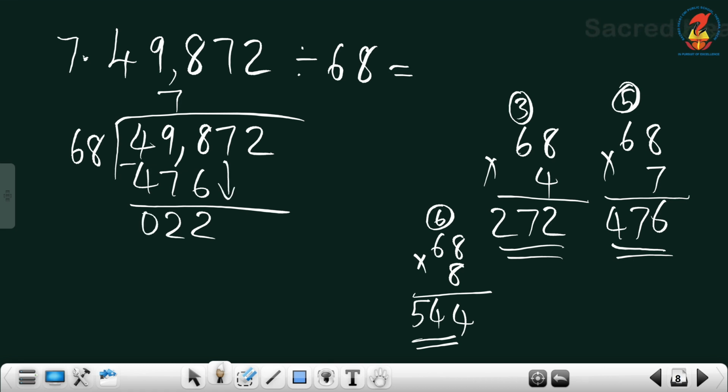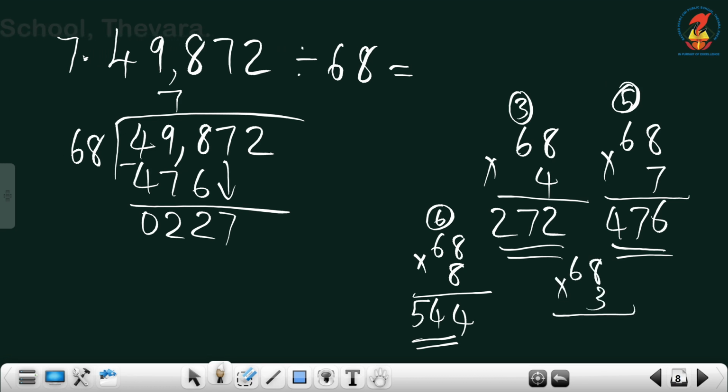For each and every step I need to take one digit down. It will become 227. Here children, listen here. 68 into 4 you got this much number. That means you need to multiply by what? We need to get what? 227. So I need to multiply by 68 into 3.